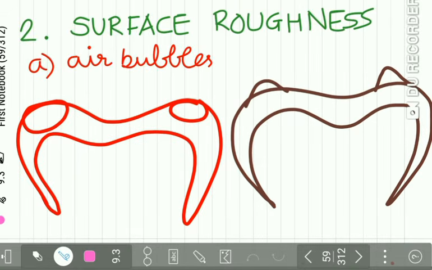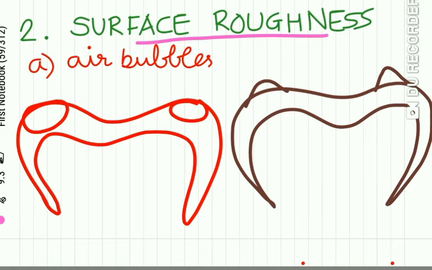Second is the surface roughness. There are various reasons for causing surface roughness on the casting. Let us study each in detail. First is the presence of air bubbles.